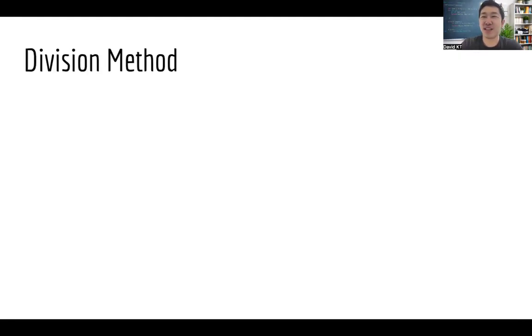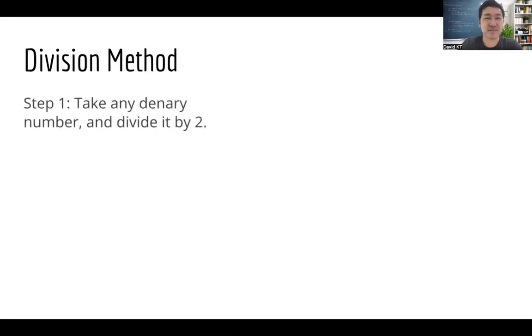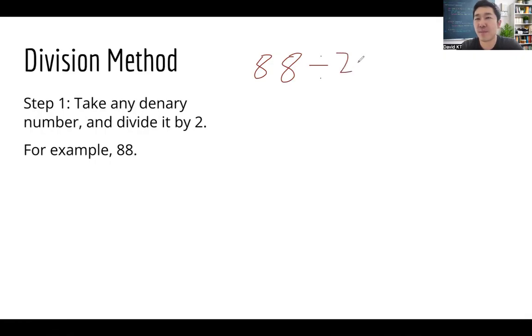So let's delve into the division method. Step 1, take any denary number, aka decimal number, and divide it by 2. Let's take 88, for example. I'm going to write it manually. So 88, and then we're going to divide by 2, which gives us 44. Quite easy.